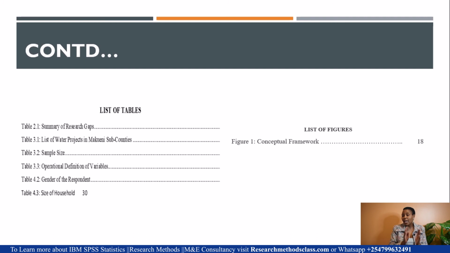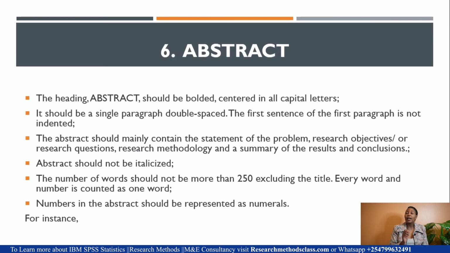So note that after the figure number, we have a colon, and we have said tables and figures are numbered consecutively, but some institutions will require you to number them as per the chapter number, like what is shown in this slide. Abstract. The heading abstract should be bolded, centered, and capitalized.